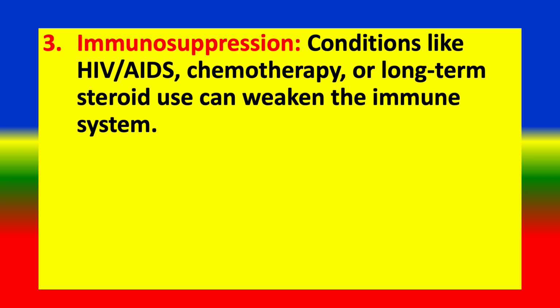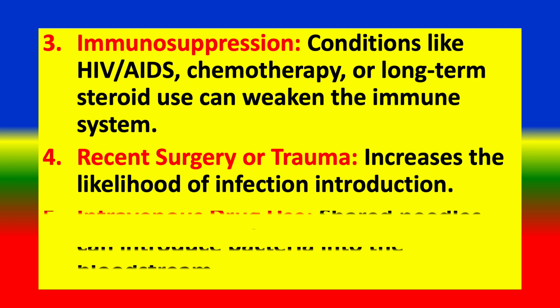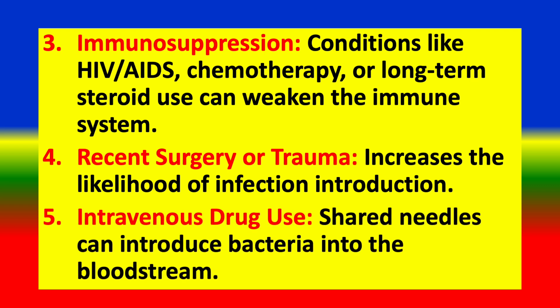Conditions like HIV/AIDS, chemotherapy, or long-term steroid use can weaken the immune system. 4. Recent surgery or trauma increases the likelihood of infection. 5. Intravenous drug use. Shared needles can introduce bacteria into the bloodstream.